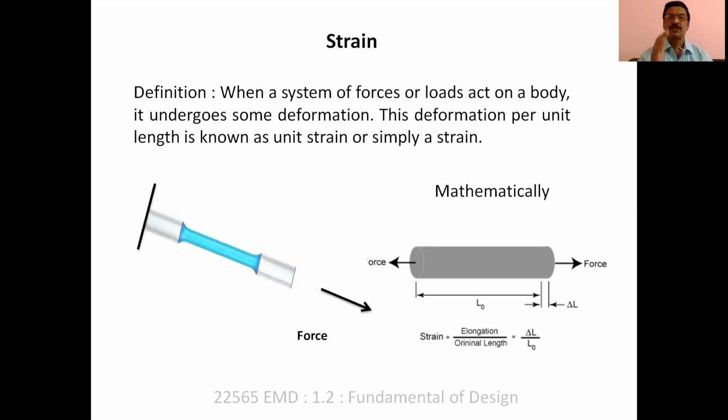So strain is a unitless quantity. Strain is simply elongation divided by original length. Whenever there is elongation in a particular direction, there is a change in the other dimension also. That's why strain can be lateral or longitudinal strain. Okay.